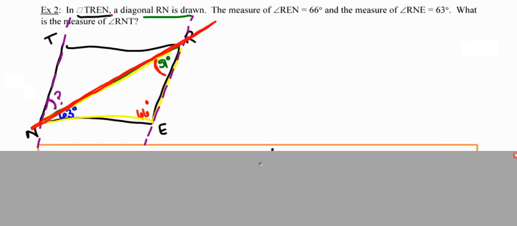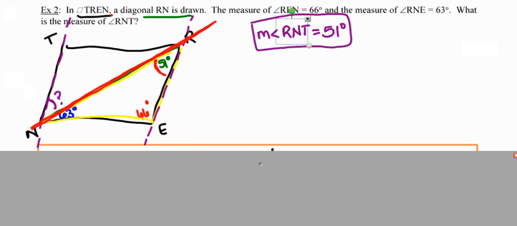And therefore, since my little purple angle that I'm looking for is alternate interior to that 51 degree angle, I know that the measure of angle RNT is going to have to be the same 51 degrees. So that's one possible solution.